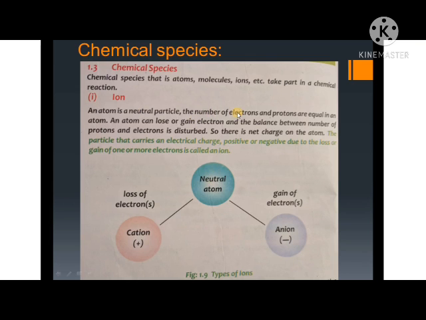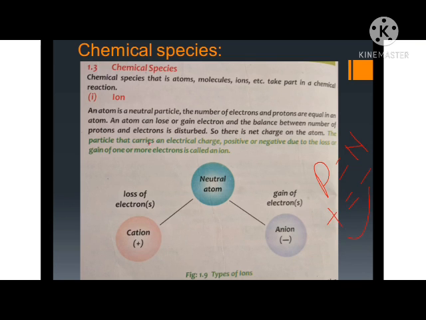The number of electrons and protons are equal in an atom. In an atom, if protons and electrons are equal, then the positive charge will be equal to the negative charge. So both cancel the effect of each other. That's why an atom is always in neutral form.